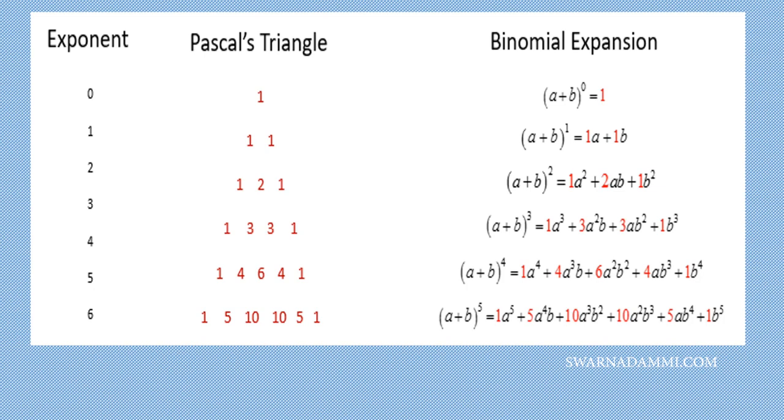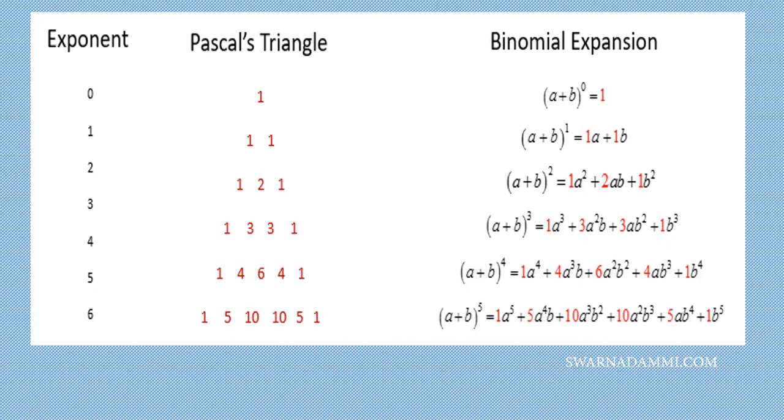In the binomial expansion, (a + b)^1 equals 1a plus 1b. In the Pascal triangle, the coefficients are 1 and 1. The first one is the coefficient of the first term, the second one is the coefficient of the second term, since the exponent there is 1. If the exponent equals 2, the Pascal triangle gives the coefficients 1, 2, 1.